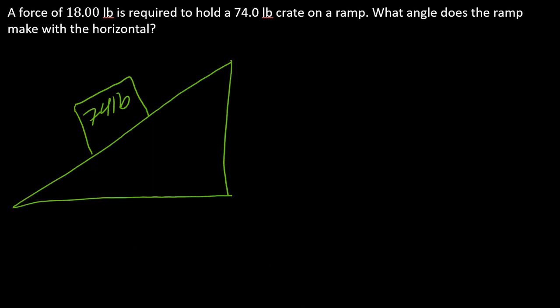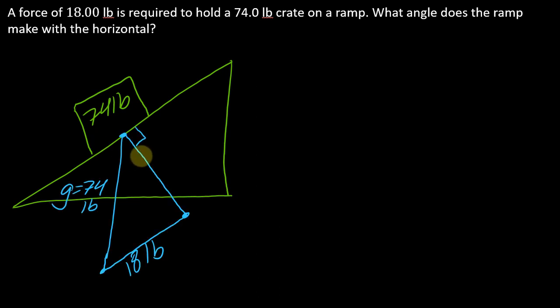Okay, so we got a crate on a ramp. Boom. I don't know what angle the ramp makes with the horizontal, but this is the same situation from before. So the crate on the ramp, that force makes this right angle, and then gravity is coming down. So the crate is 74 pounds, so that is the magnitude of this part.